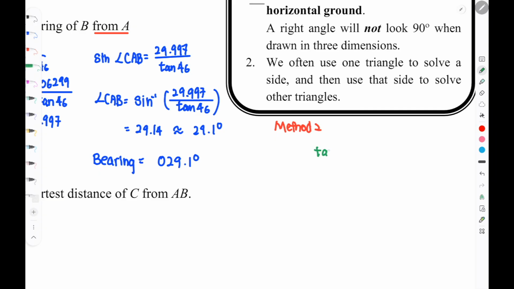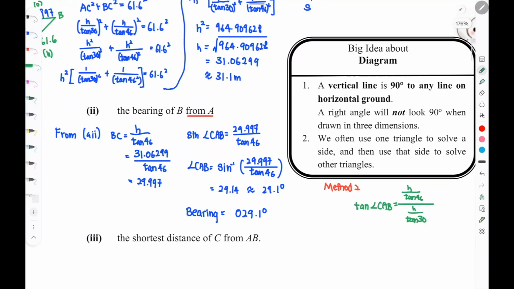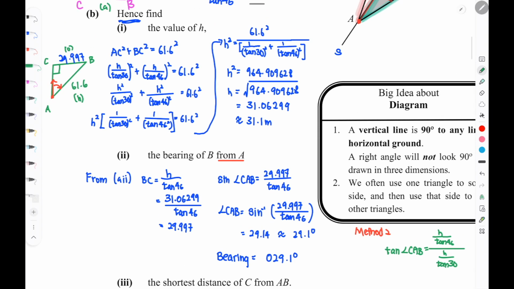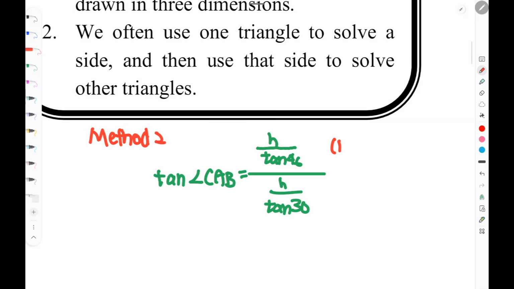If I use my part A answer directly, I use tangent, I get h over tangent 46 over h over tangent 30. So this is BC over AC.